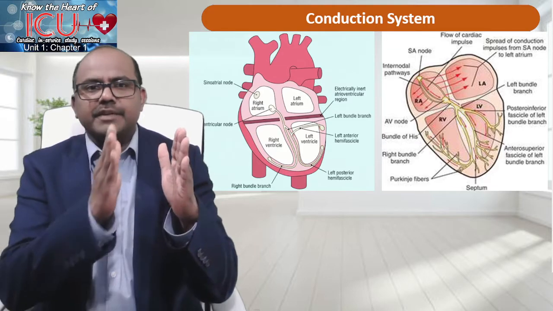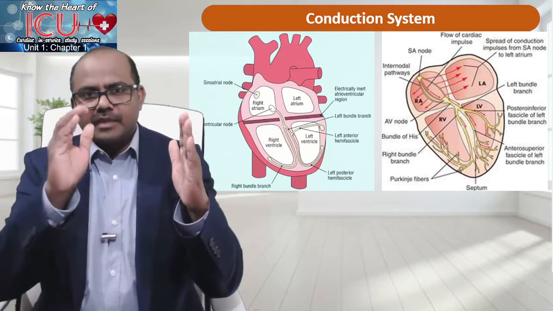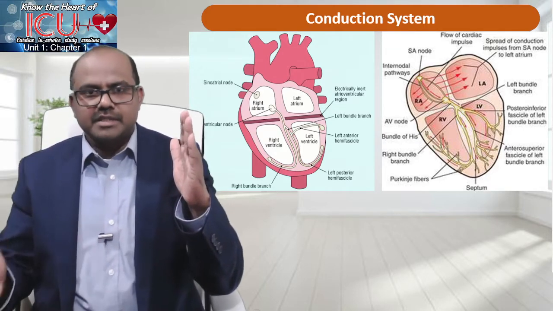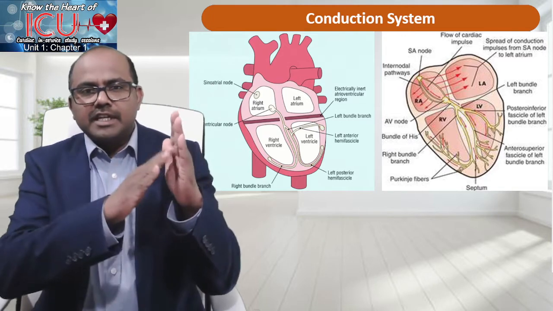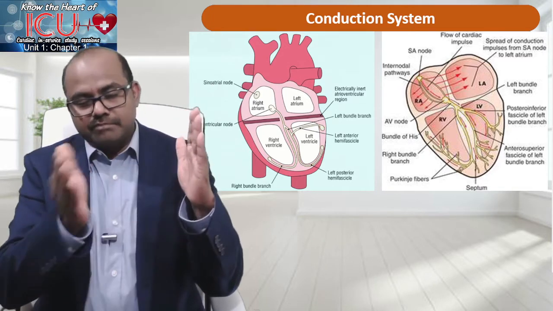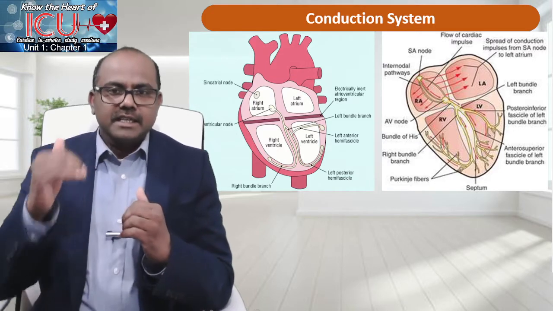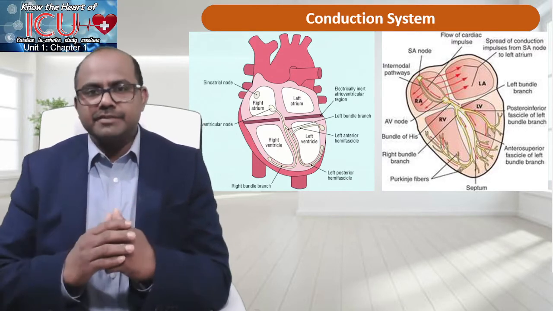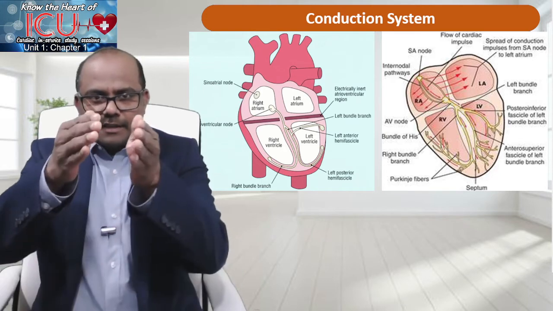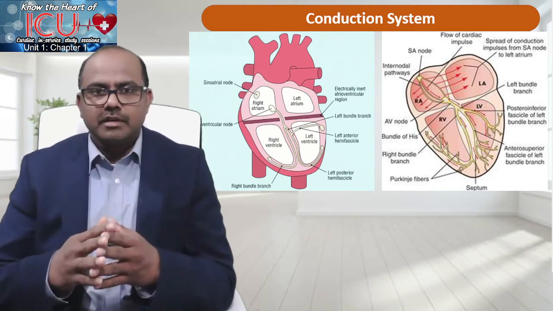So it's kind of a 3-point system: SA node, AV node, and Purkinje fibers. The bundles that connect the SA node and AV node are called internodal bundles, and the bundles that connect the AV node and Purkinje fibers, the first segment is called your bundle of His.